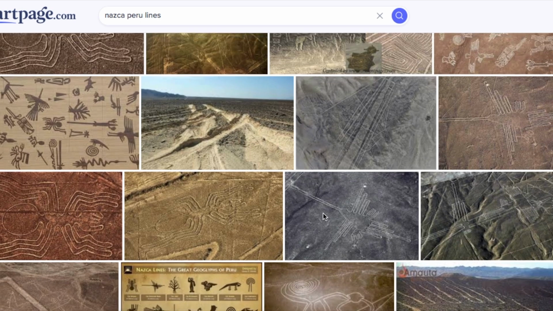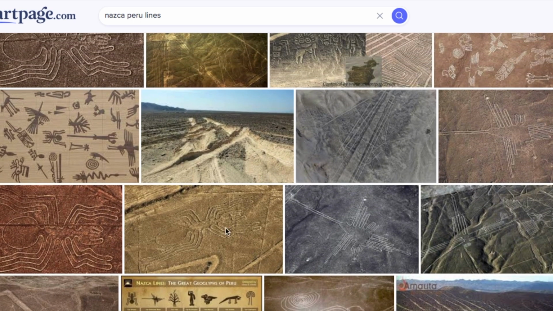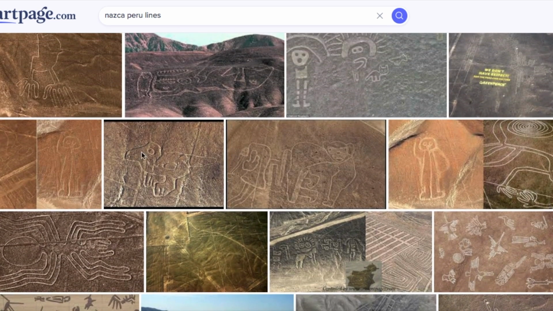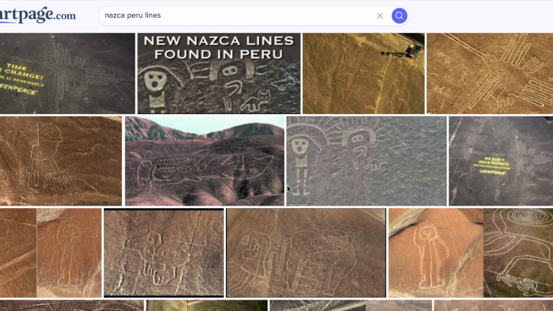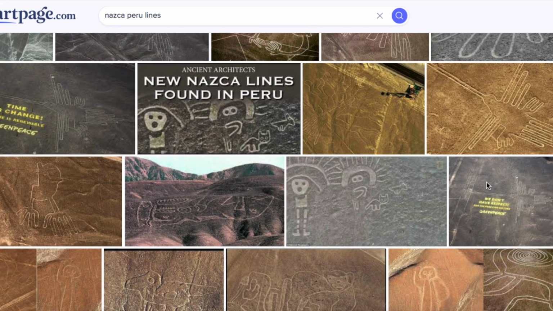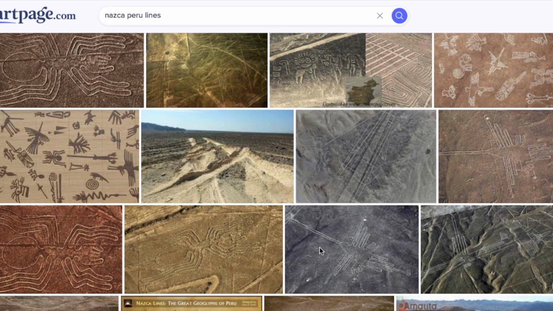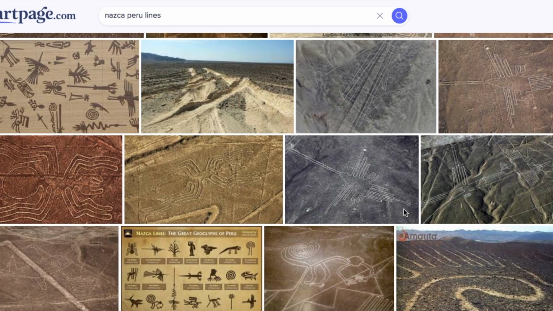But what's special about the ones in Peru is that they have these beautiful animals and spiders and just artistic depictions. Here you see a hummingbird. And then, of course, these lines that we're looking at right now in North America. But in Peru, they're absolutely fascinating.